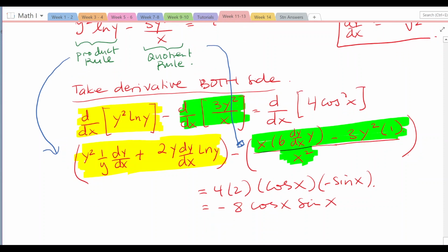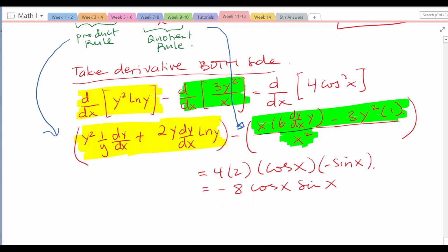So the next step is to simplify, if you like. But before we proceed, let me highlight it. The terms on the right hand side equal that part. Now we're going to gather together all the dy/dx, especially from the left hand side. As you can see here, we have dy/dx, and then negative dy/dx, and then dy/dx all over x squared.